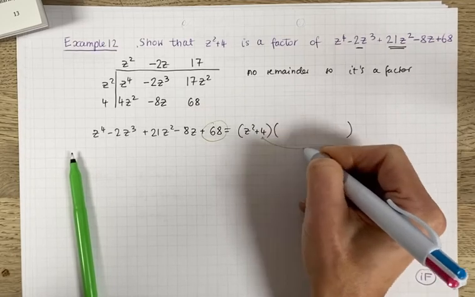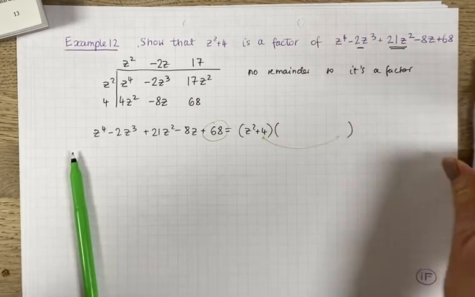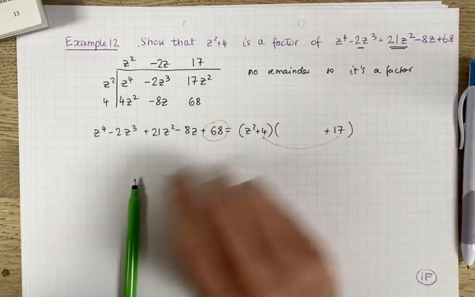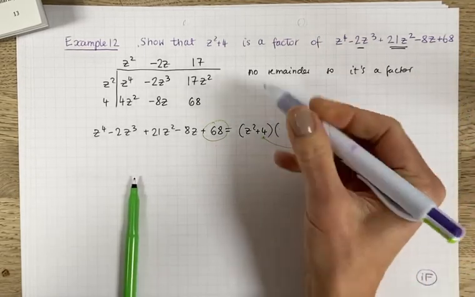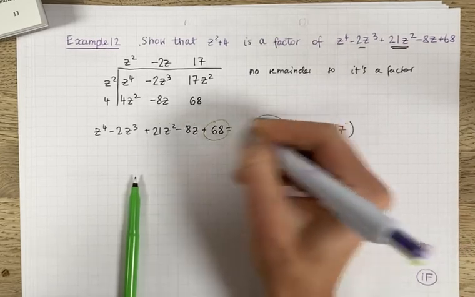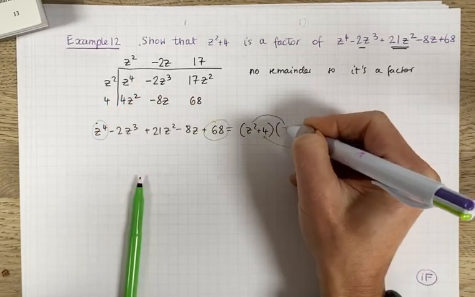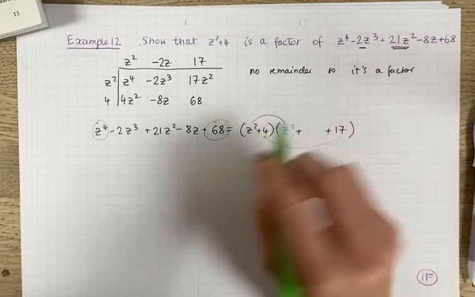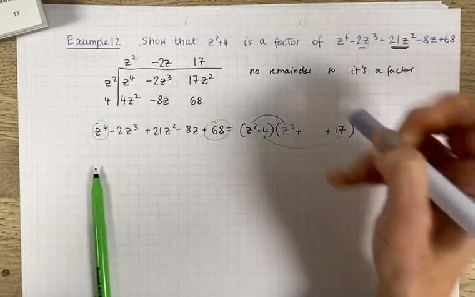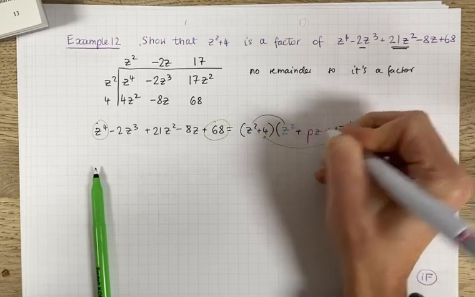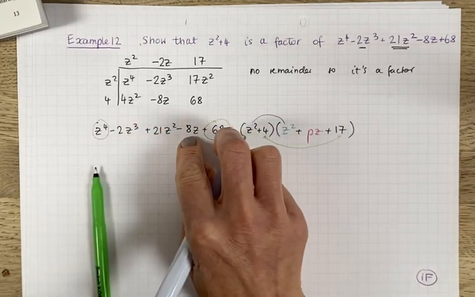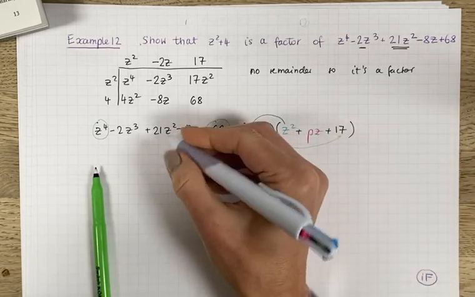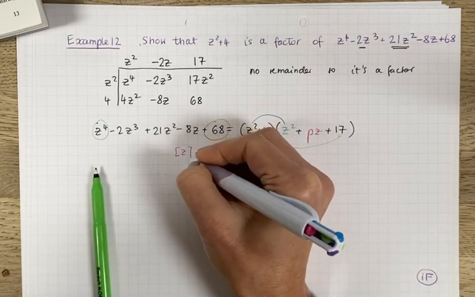So it's 4 times what gives me 68, so that must be 17. Then let's look at the start. z squared times what gives me z to the power 4, must be z squared. And then here we're going to do pz, and you can use the cubed, squared or z term to find p. I'm going to go for the z term, comparing z's it's called.